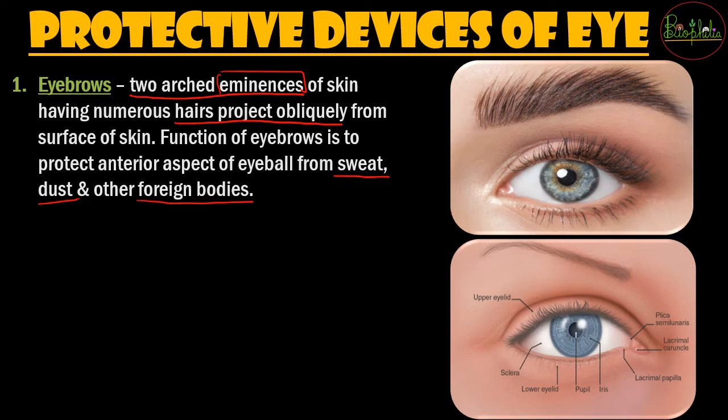It will be diverted, its speed will be reduced, and the hairs will also help. The hairs will hold it back for some time, so that the sweat, dust and foreign bodies do not enter the eye and cause infection. So eyebrows are one of the protective devices.